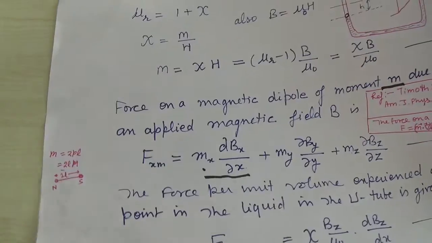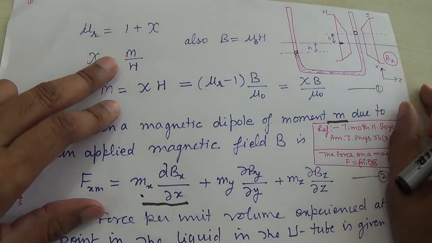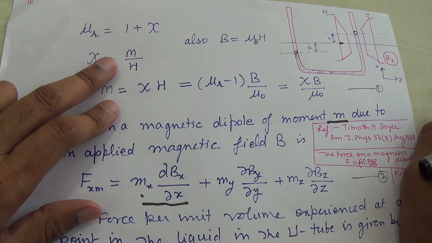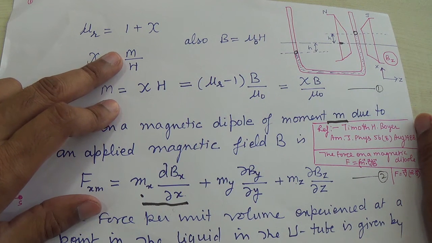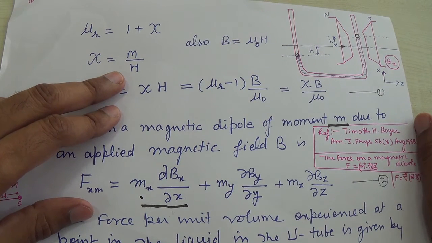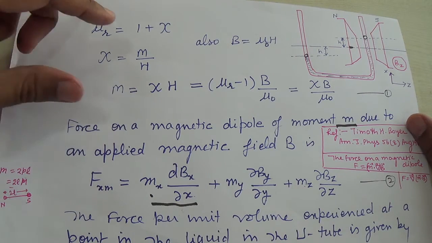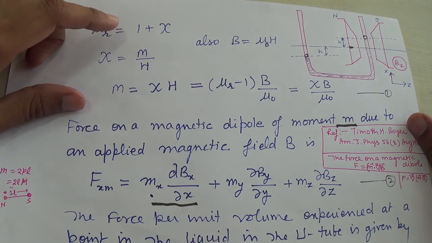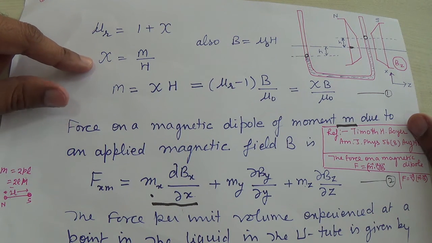So the idea is clear, that susceptibility is the ratio of two intensities: the intensity of the magnetization, that is, how much that magnetic material is magnetized by the external magnetic field. The ratio of these two is equal to the susceptibility of that particular material.